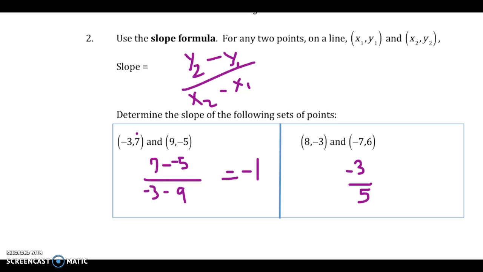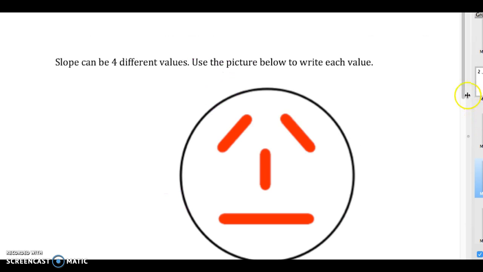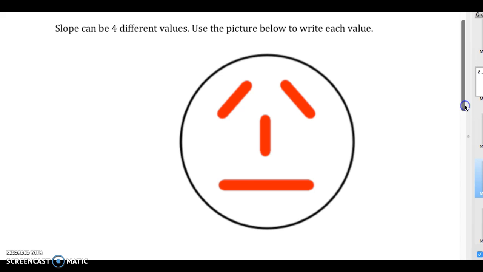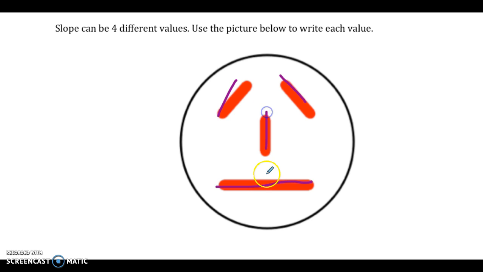Moving on to the next slide here. So just a couple of things. We use this little happy face to remind us that we can have both positive and negative lines, and we can also have positive and negative slopes. And we have a slope that can be horizontal or a slope that can be vertical.